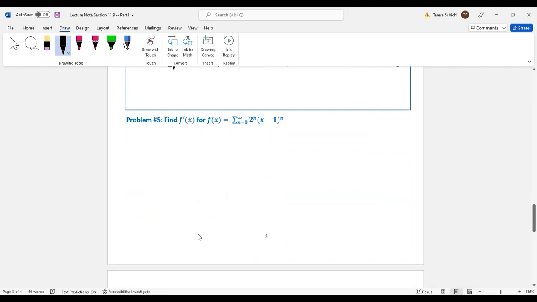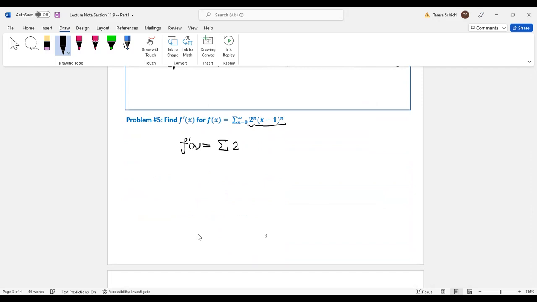So this problem is pretty easy. Let's say, find the f prime of x if f of x is a power series. So this one will be easy. So f prime of x would just be, you take the derivative of whatever is inside.